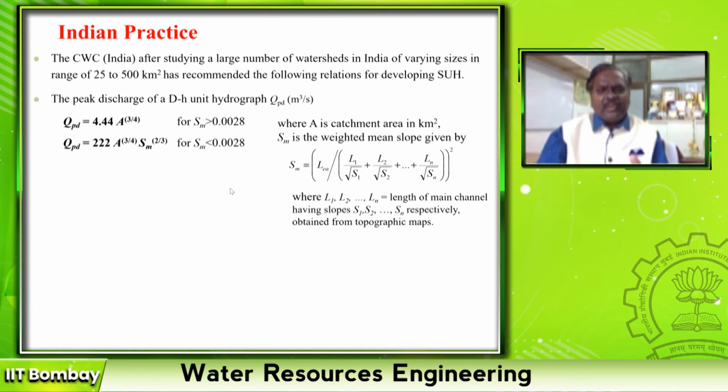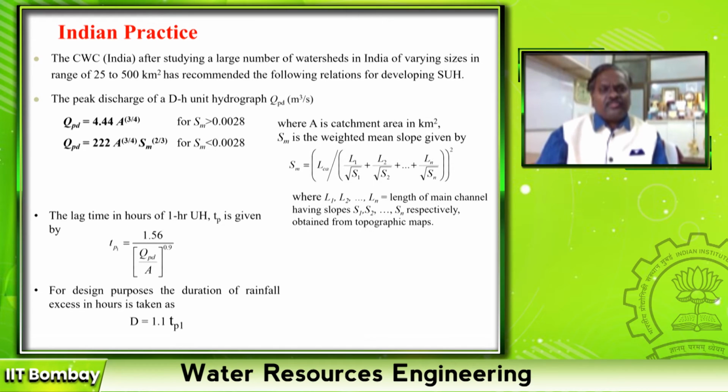Each length divided by its ratio, square root of its slope. Then the lag time for 1 hour unit hydrograph is 1.56 by Q by area. This is an empirical relationship. So design purpose, the duration of rainfall is taken as 1.1 times, or the duration of rainfall in that unit hydrograph is 1.1 times of time to peak.